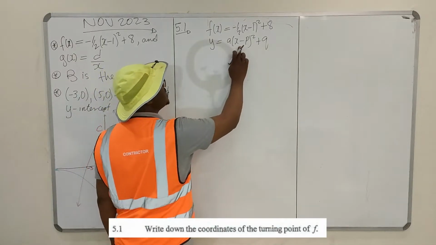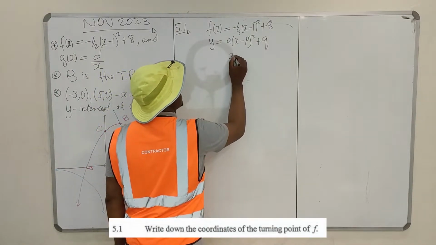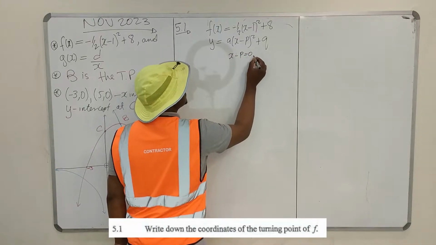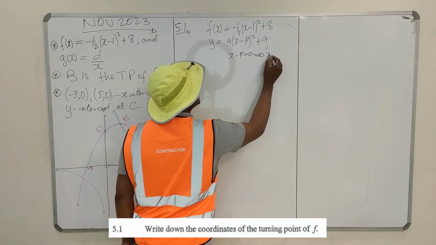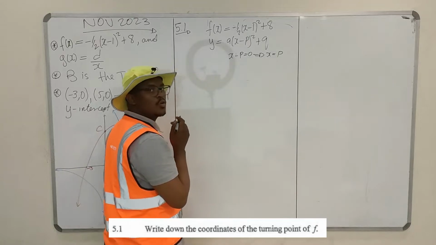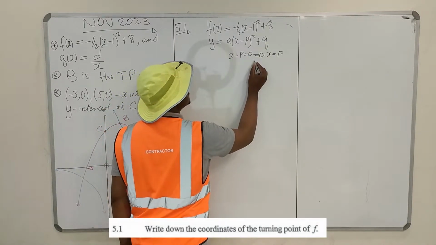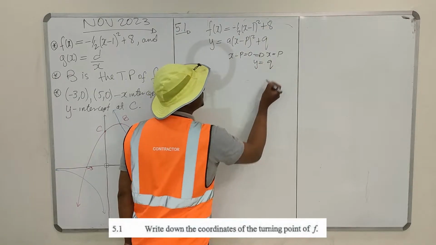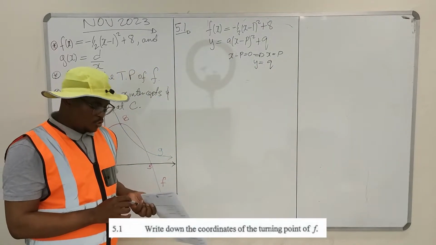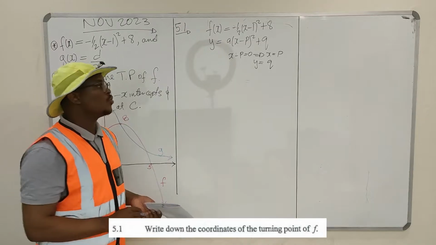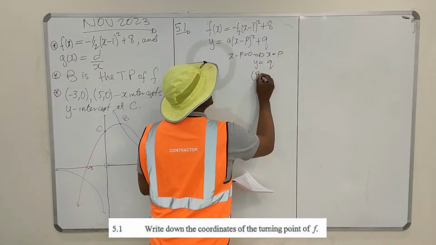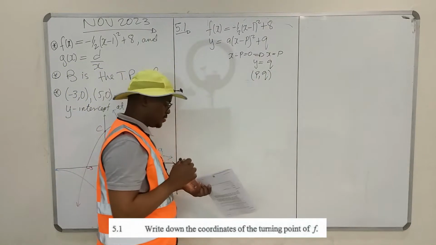To find the coordinates here, you say x minus p equated to 0, and solve for x. x is equal to p. This is the x coordinate. And the y coordinate is q. You take it as it is. So y is equal to q. So those two are the coordinates, which means p and q are your coordinates.